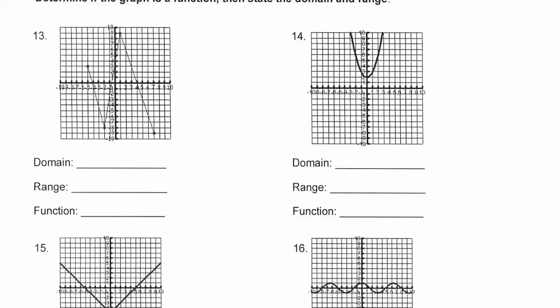Alright, so down to our last two examples. We're going to do domain and range on continuous graphs. And just so this is a little more visible, I'm going to try to fill in the graph just a little bit better for us.